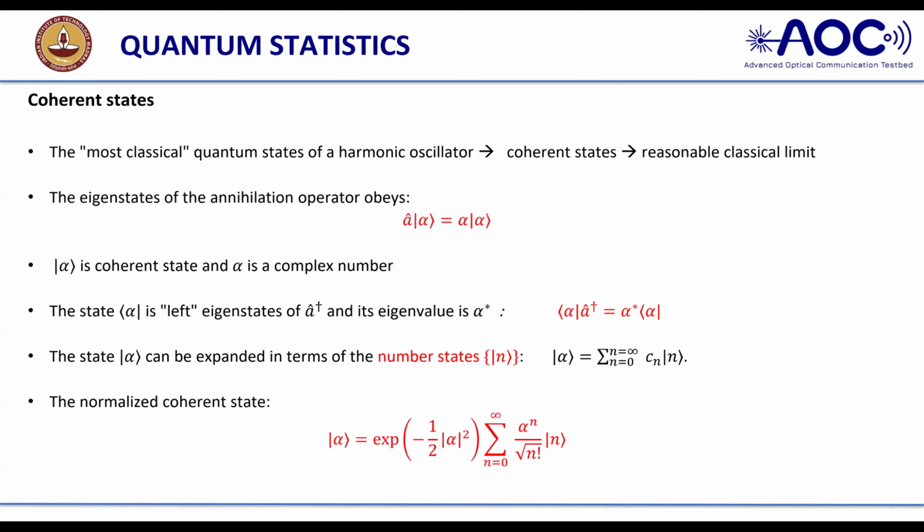We know DSP as electrical engineers, we understand it like a discrete term from n equal to 0 to infinity. So here the coherent state alpha gives the intensity, but the coherent state alpha is also expanded into the n states, like a Fock basis representation.